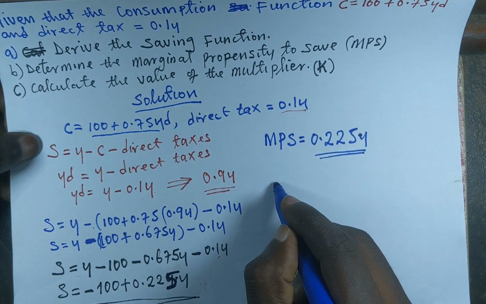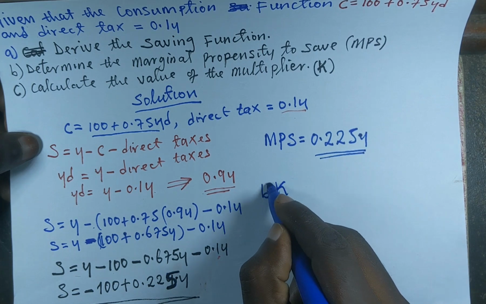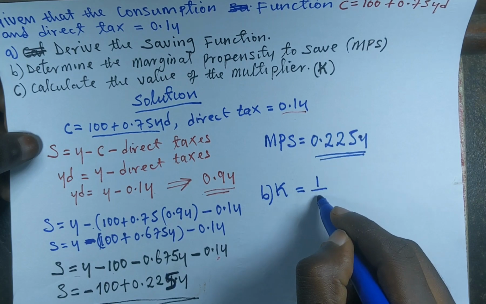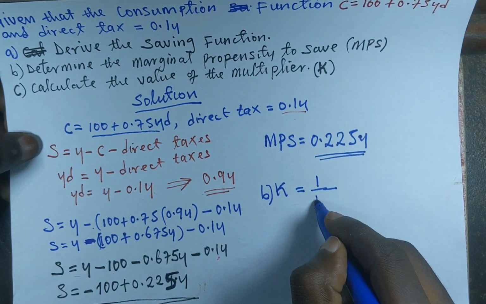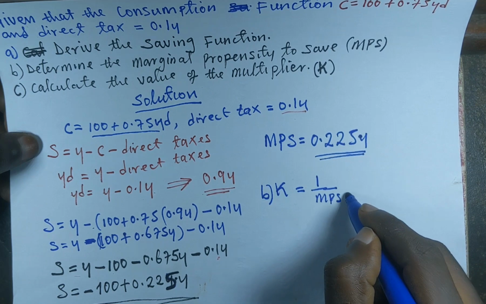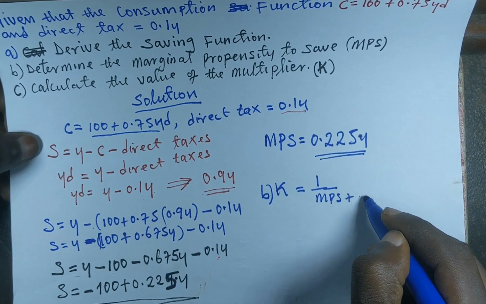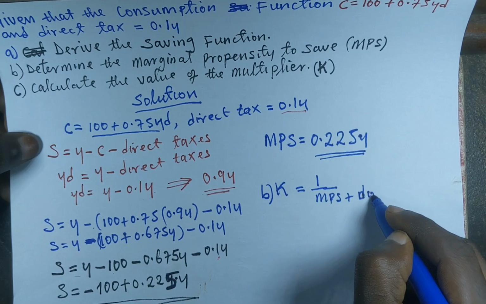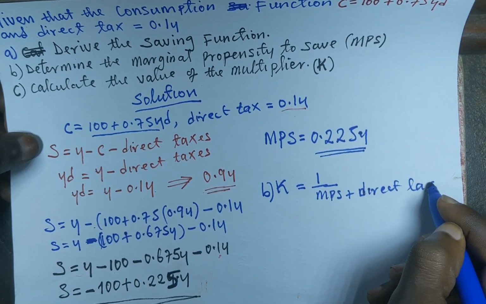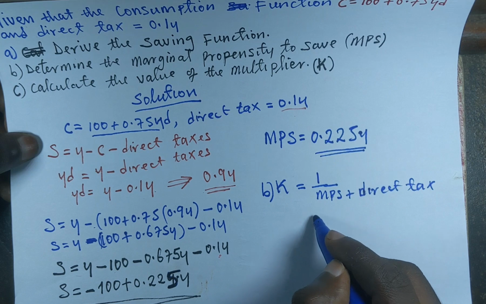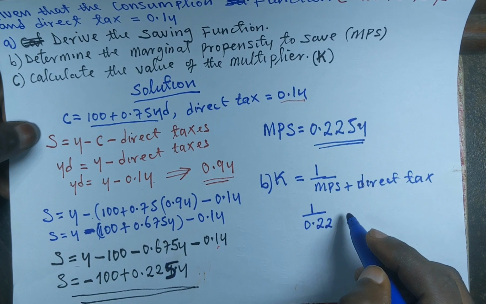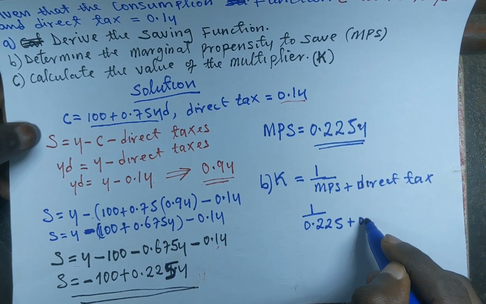And we are going to have our K, that's our value of the multiplier, equal to 1 over MPS plus our direct tax, that's our marginal propensity to tax. So we have 1 over 0.225 plus 0.1.